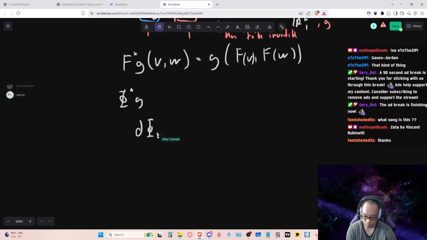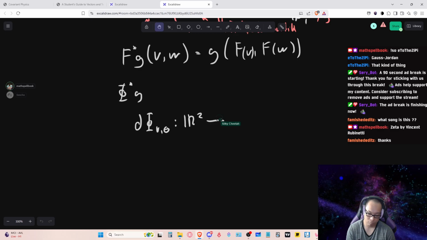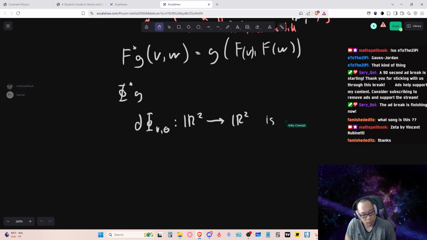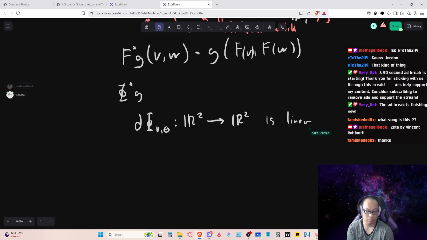I know that if I fix some r and theta points, I get a map from R2 to R2, which is linear, the differential is linear. And I'm going to steal the metric with that guy.